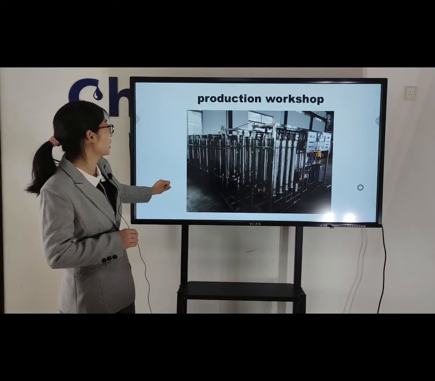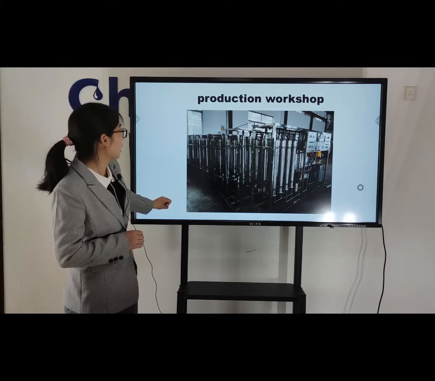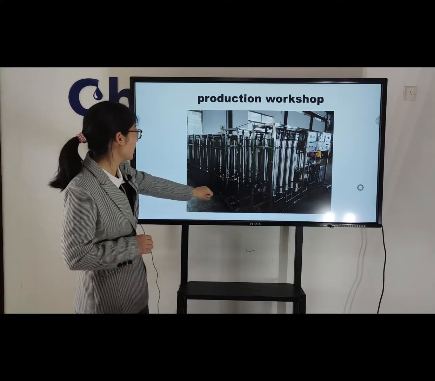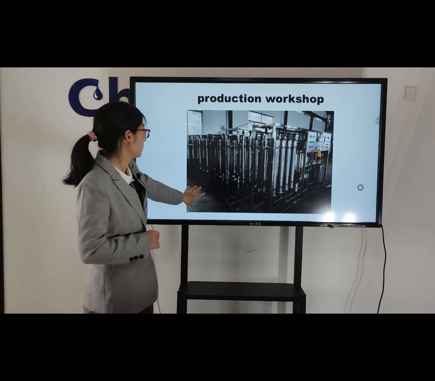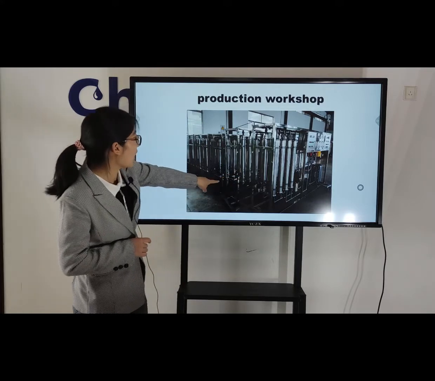And here's our production workshop for the production line. This is the machine to get the water treated, to make it deionized water. It's the RO system.